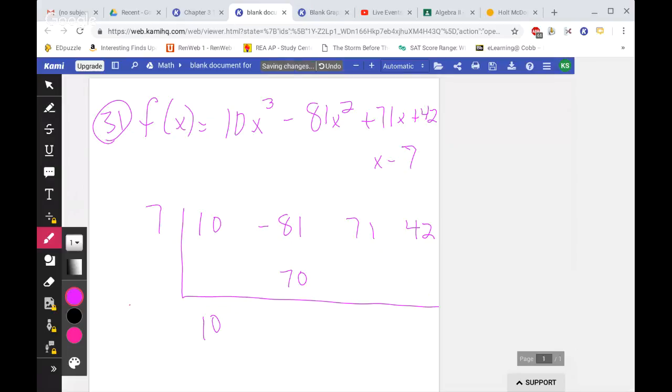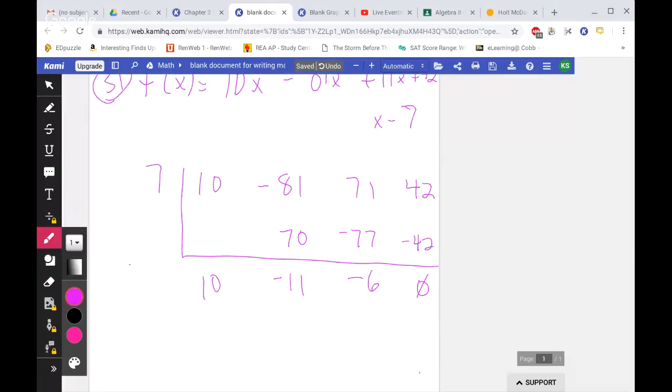Negative 81 minus 70 is negative 11. Negative 11 times 7 is negative 77. And negative 77 minus 71 is negative 6, and negative 6 times 7 is negative 42, giving us a 0, once again confirming that 7 is, in fact, the zero.